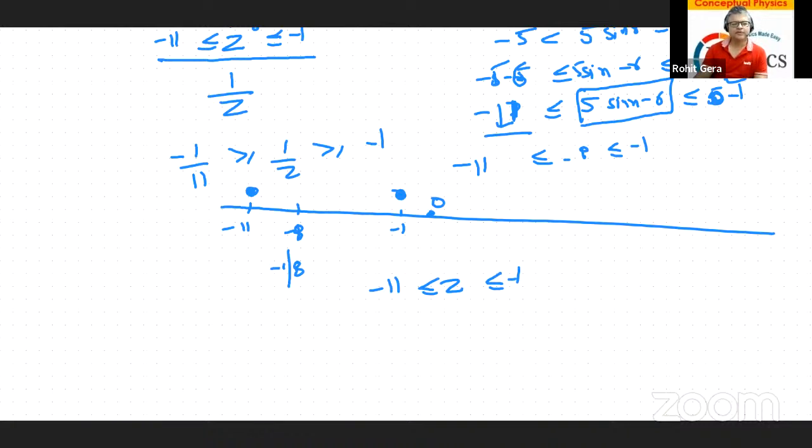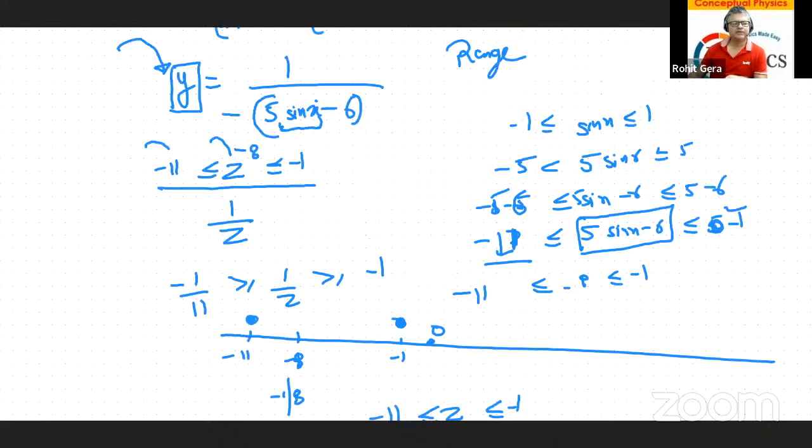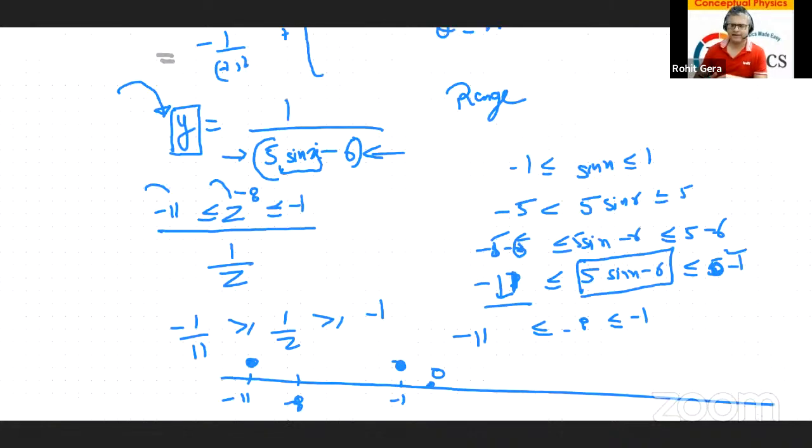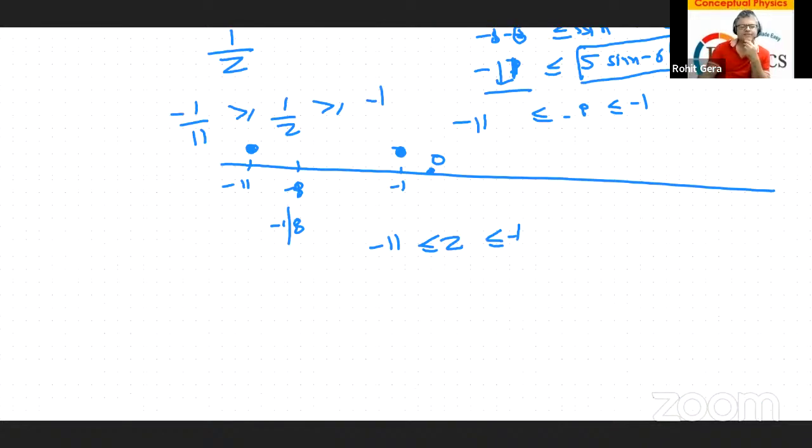So to me it appears, if you have a value, for example this value is -8, then y will become -1 by 8. z is between these negative values, invert it, 1 by z.